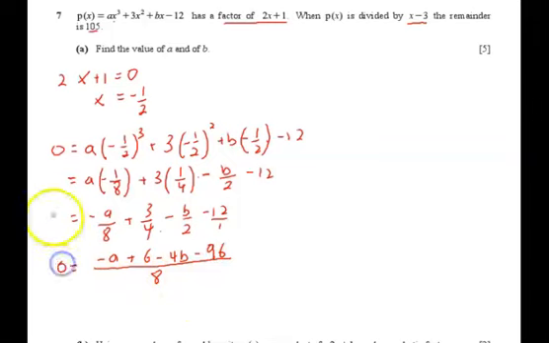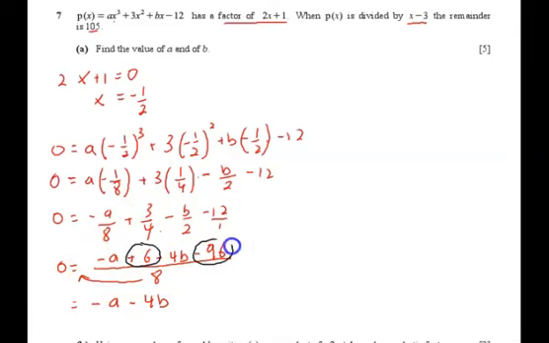Okay, the 8 moves to the opposite side, it will become 0. So you'll be getting an equation here, minus a minus 4b, and if you notice the numbers here, a plus 6 and a minus 96.